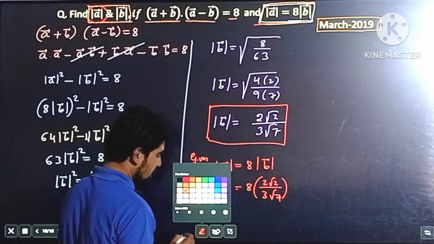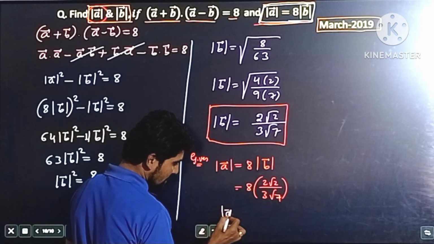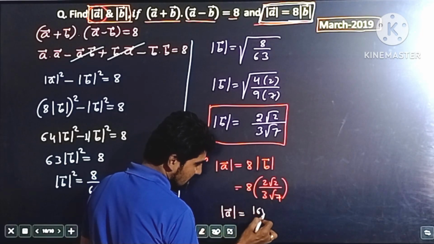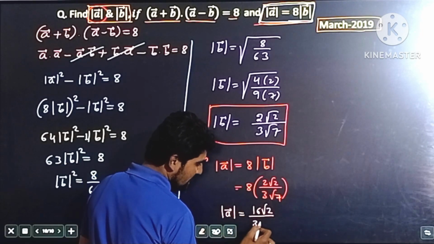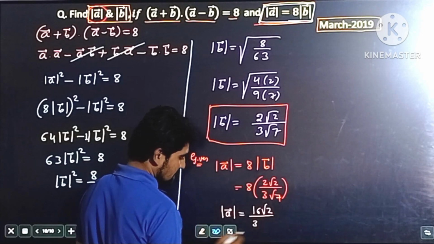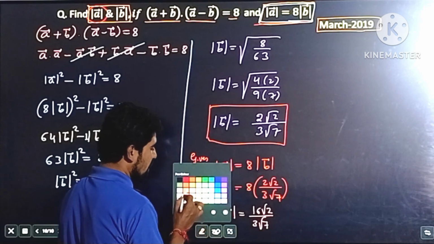Hence, the required magnitude of a vector is equal to 8 into 2, 16 root 2 divided by 3 root 7, is the required answer.